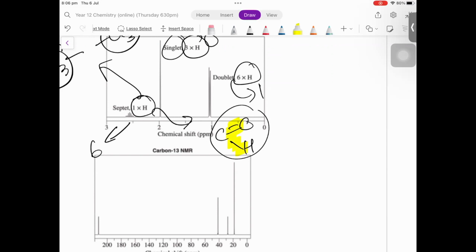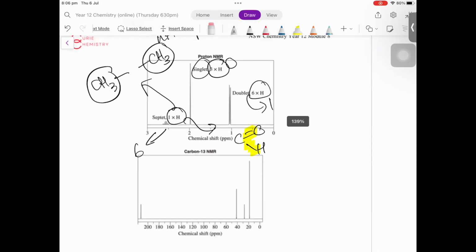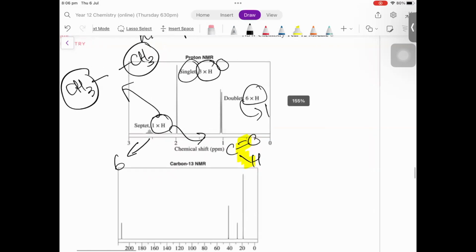You can't attach 2 methyls to it. So you have to watch out. Maybe that oxygen is electronegative enough that even if the hydrogen's not directly bonded to it, it's bonded to the carbon next to it, it's still able to make it downfield. That's a possibility. So let's watch out for that.